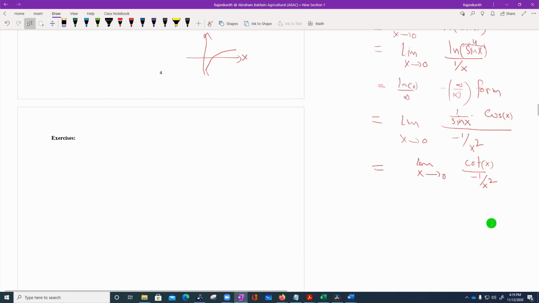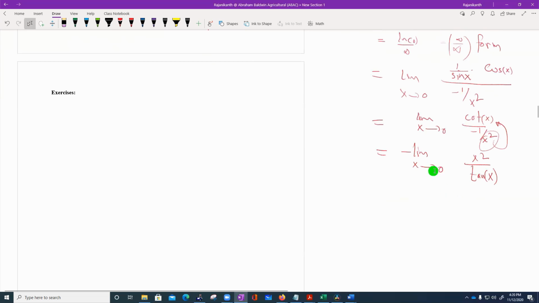If you want, you could rewrite this as the limit as x goes to 0, pulling the negative sign outside of the fraction, and this x squared flips and goes to the numerator. And cotangent could be written as 1 over tangent, so it will be tangent. Yes, you could do that.